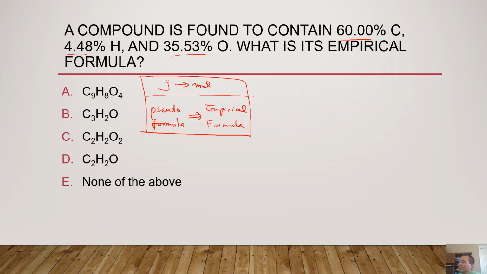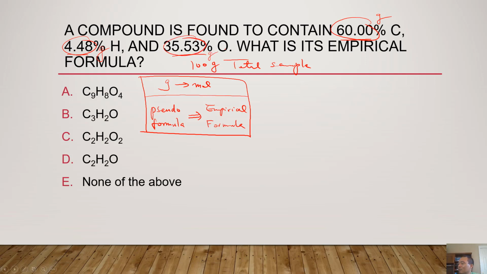Since the percentage is given, we assume 100 grams of total sample. So we would have this many grams of carbon, this many grams of hydrogen, and this many grams of oxygen.